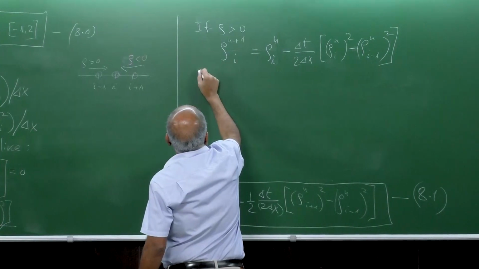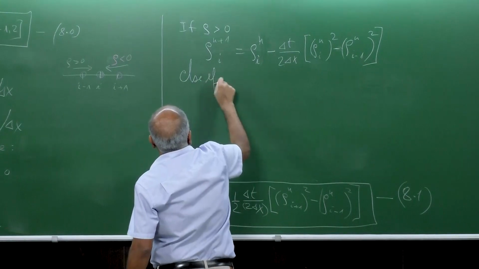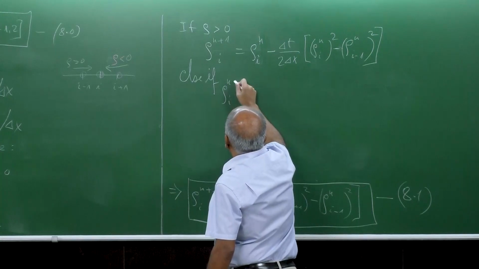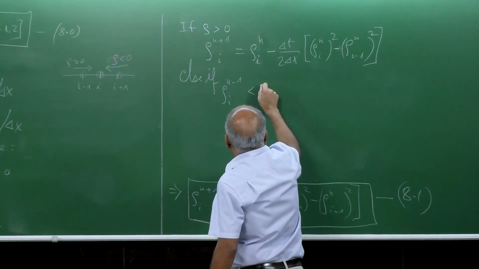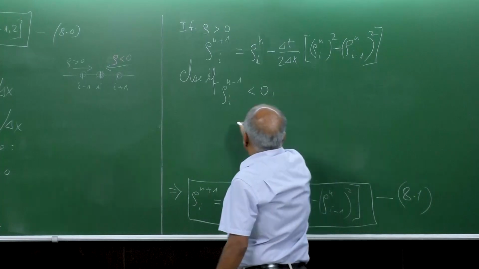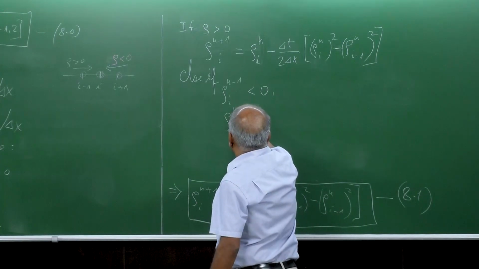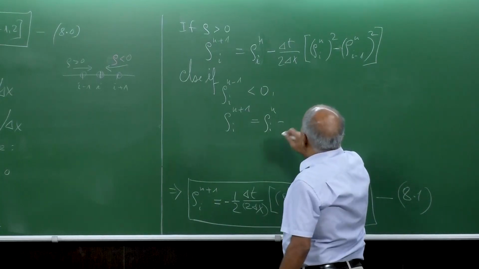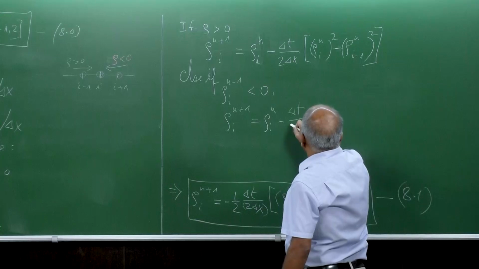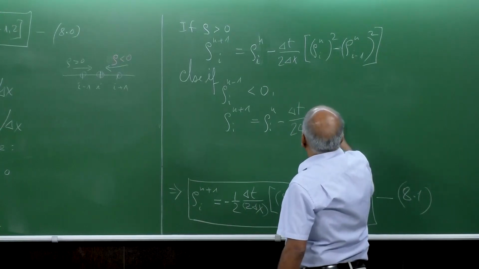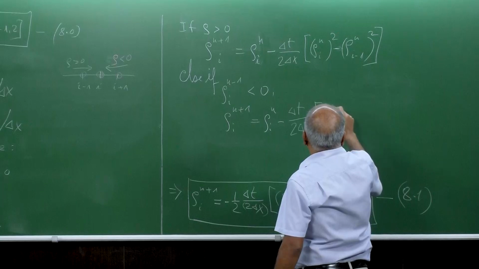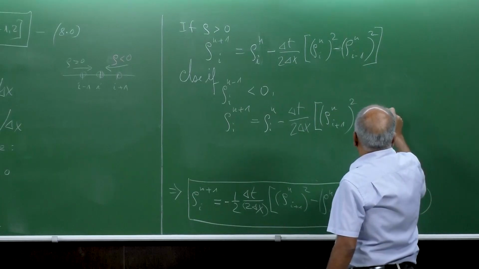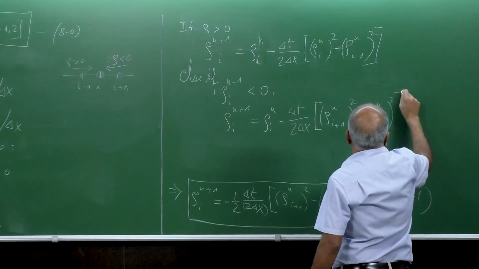Let me write it in computer language form: else if rho of I n is negative, we get rho of I n plus 1 is equal to rho of I n minus delta t by 2 delta x, rho of I plus 1 n square minus rho of I n square.